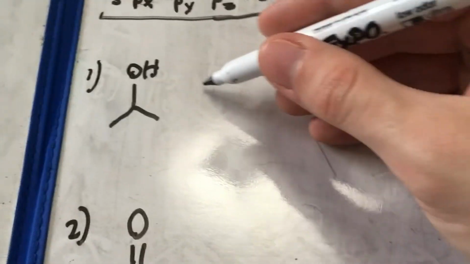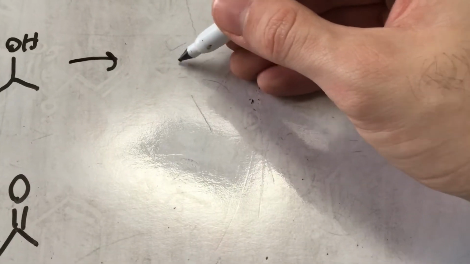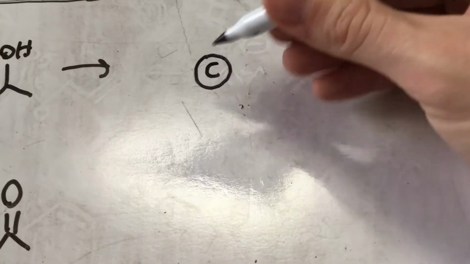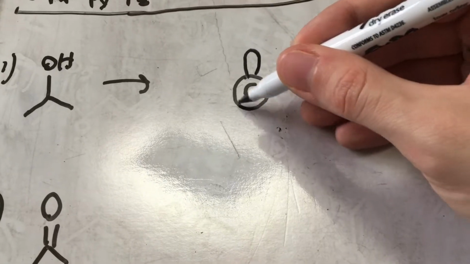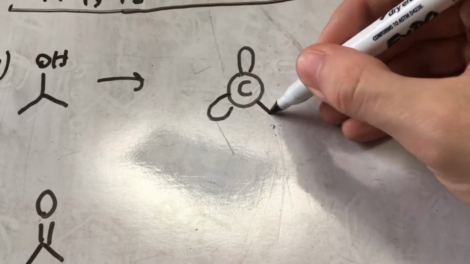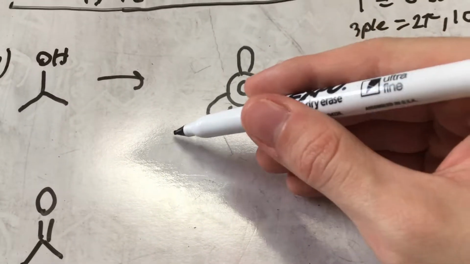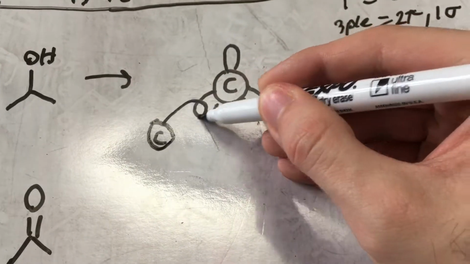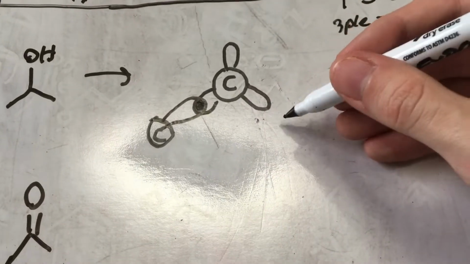So let's go here, and we have our central carbon, and it's going to have 3 P's. Now this carbon here bonds to it as such, and we shade it in.